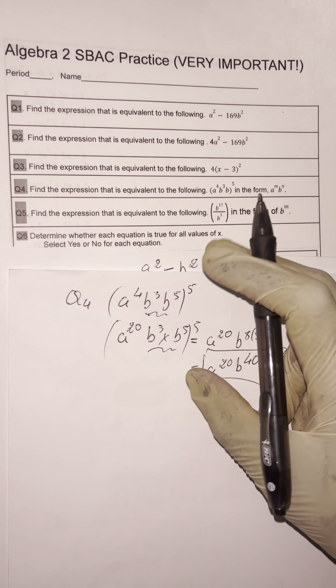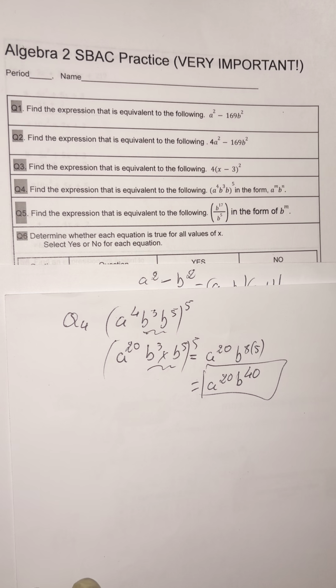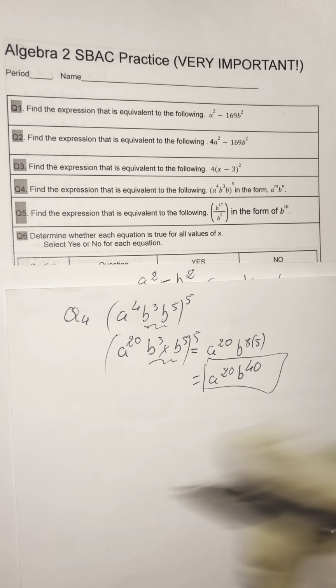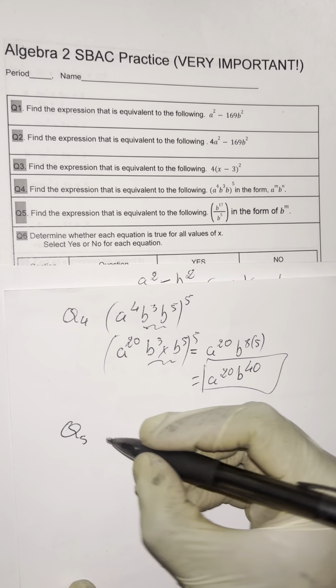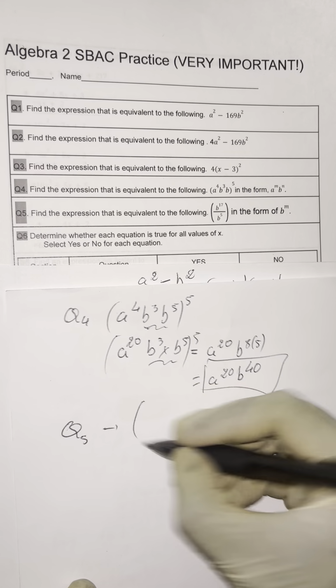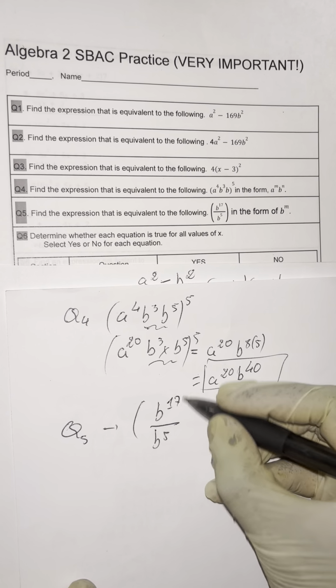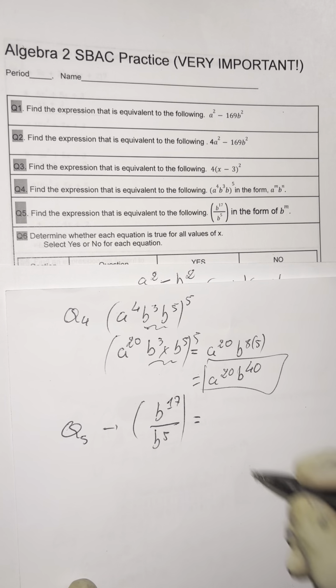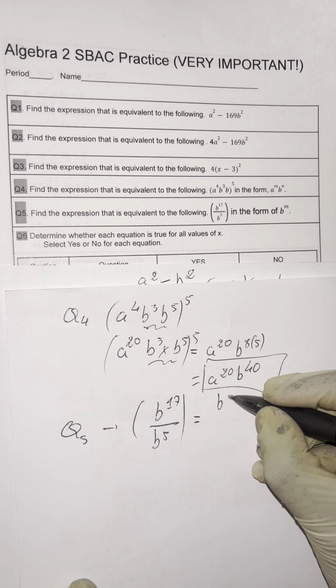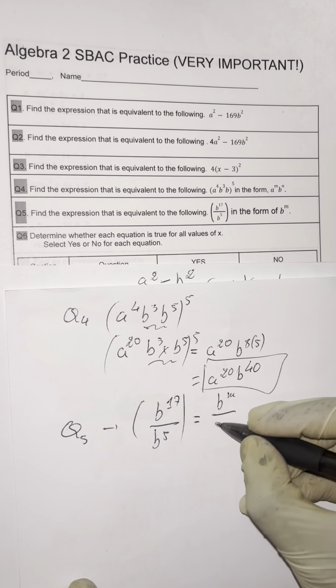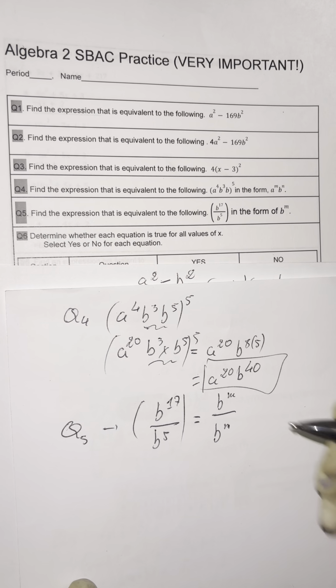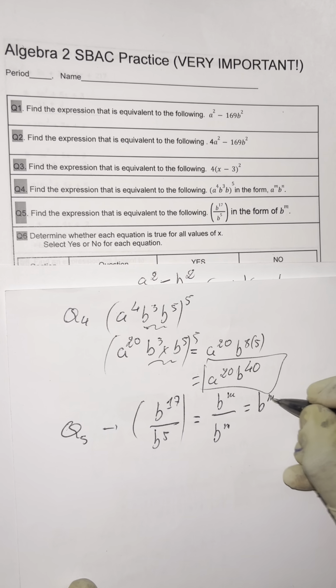Okay, so the next one is Q5. Same concept again. It's b to the power 17 over b to the power 5. Again, if you have something in the form b to the power m over b to the power n, that is simply b to the power m minus n.